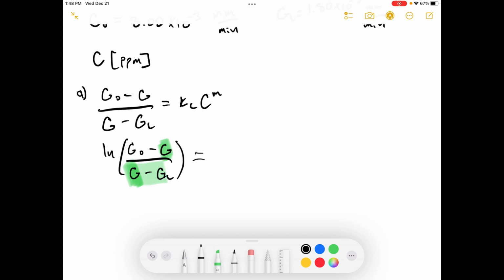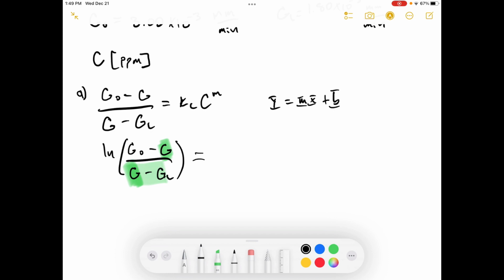You don't have to do this in every case, but it makes it more like a line, because if you remember, the equation for a line has y's on one side and x's on the other side.